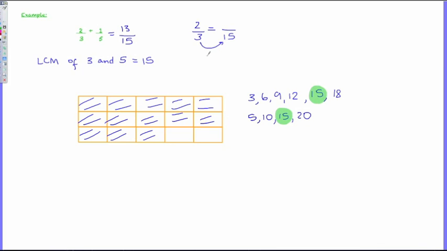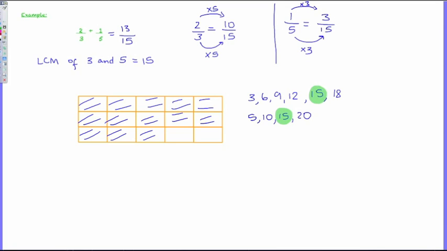If I have a look at my original question, I've got 2/3 and I want to make that into something over 15. I want the denominators to be the same. How can I go from 3 to 15? Times it by 5, so I need to do the same thing to the top. 2 times 5 is 10. Now if I look at 1/5, the denominator needs to be 15, and that's by multiplying by 3. So 5 times 3 is 15, 1 times 3 is 3.